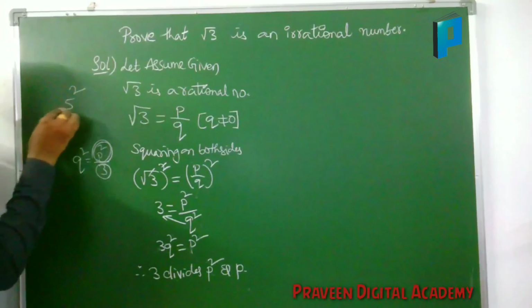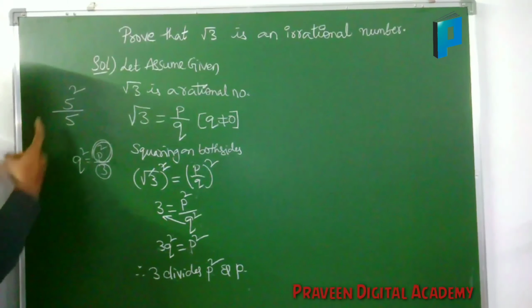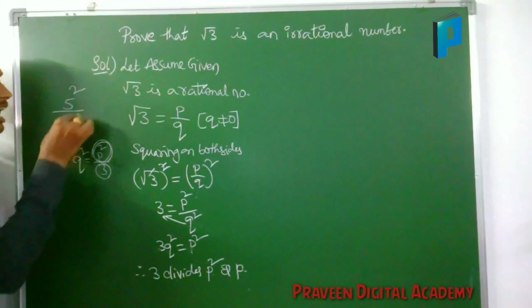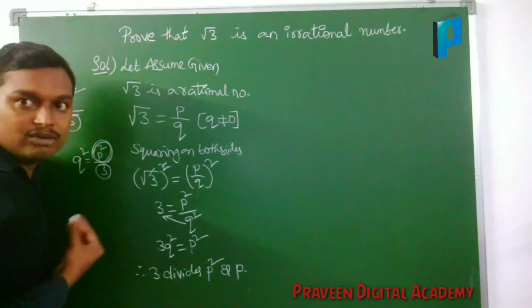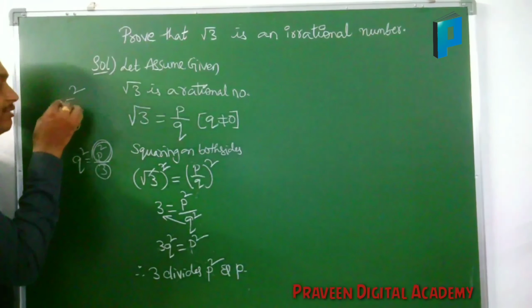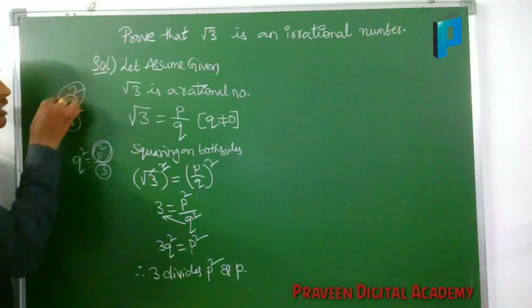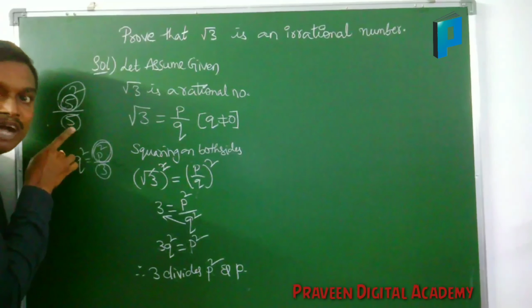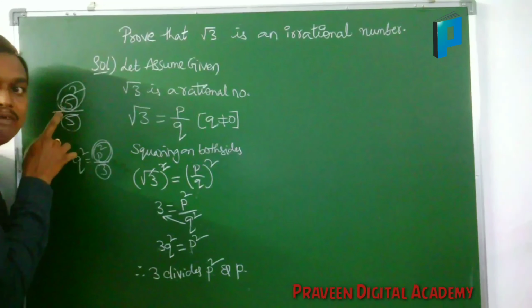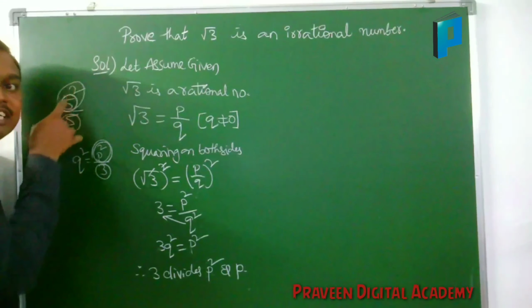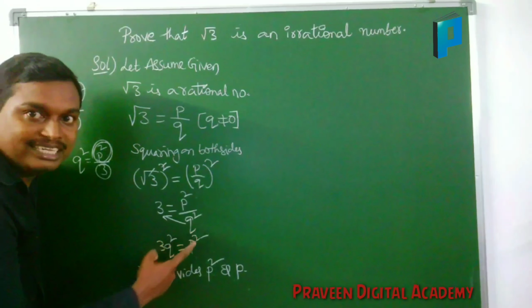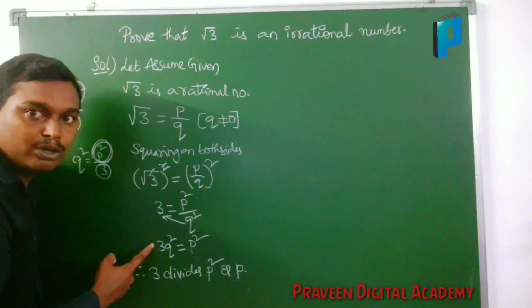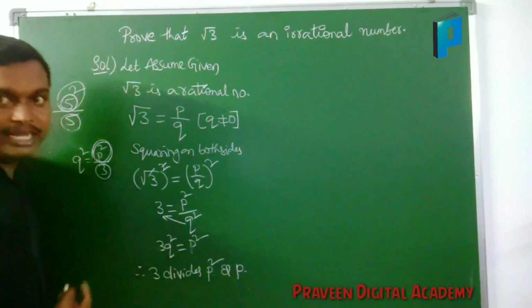If you have 5 square divided by 5, what is 5 square? 25. 5 fives are 25. If 5 divides 5 square, will it divide the base 5 or not? 5 will divide the base 5 and 5 will also divide 5 square. In the same way, if 3 divides P square, 3 also divides the base P.